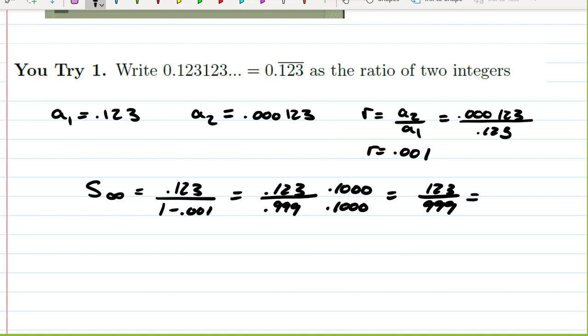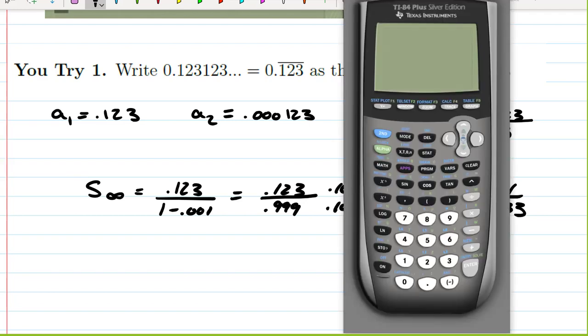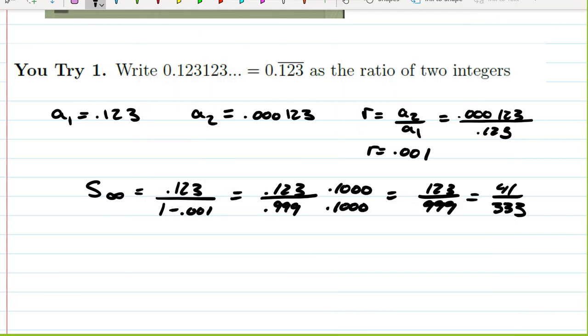Each of those are divisible by 3, so that reduces to 41 over 333. And if we check that on our calculator, 41 divided by 333 indeed gives us the repeating decimal 0.123123123, and so forth. All right, very good.